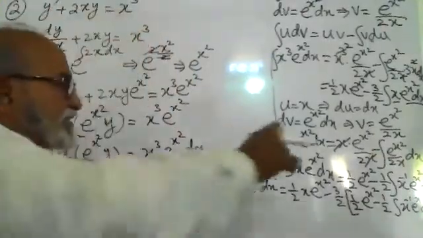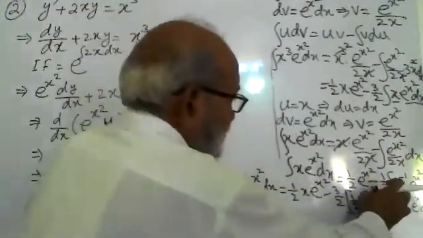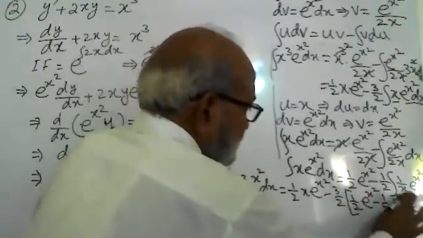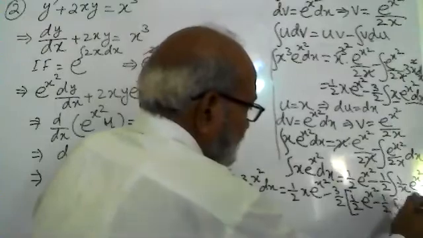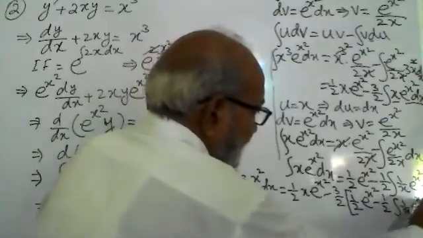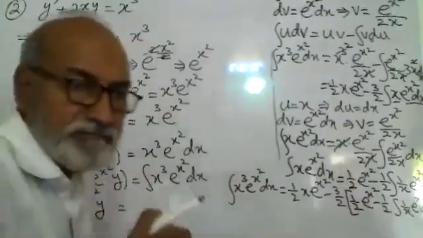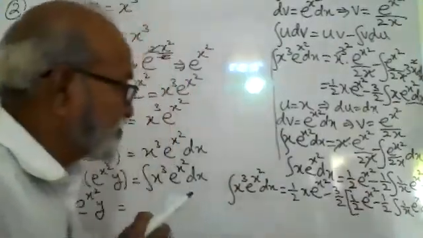Or 1 over x. Instead of x raised to power 1 over 2, you may take 1 over x. And this, the whole bracket closed.